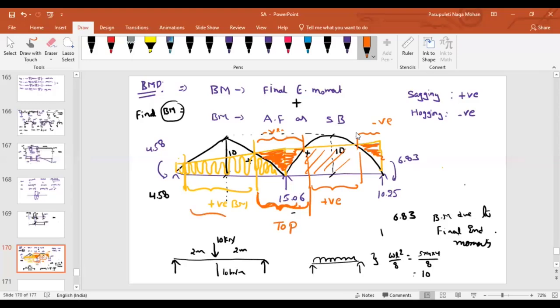What about in this portion, where you are getting the tension? At the bottom. That means in this span, you provide the reinforcement at the bottom. Similarly, in this span, at the bottom, and in this span, you have to provide the reinforcement at the top, and whatever this gap is here, also at the top.